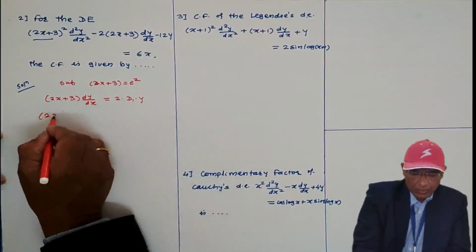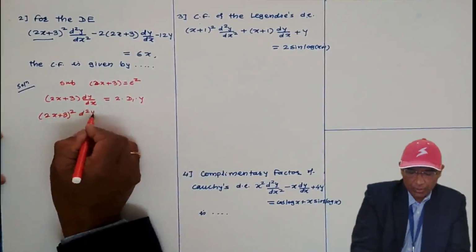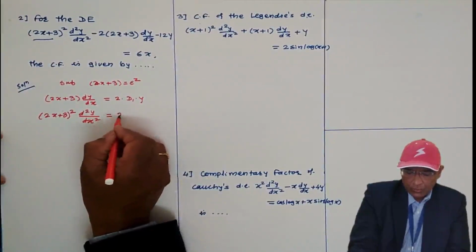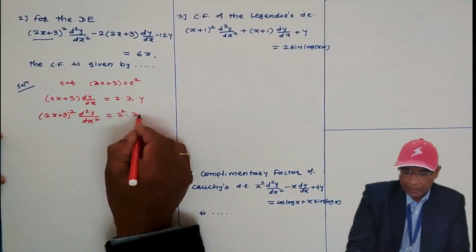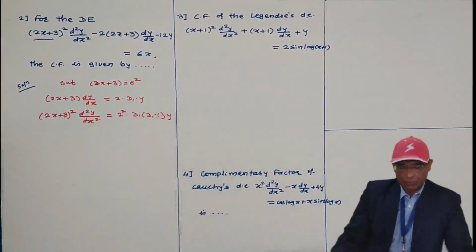And (2x plus 3) square d2y by dx square is replaced by 2 square, the coefficient of x square, times D1 (D1 minus 1) y. In this way we do.